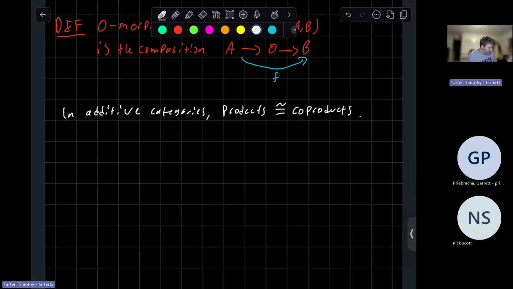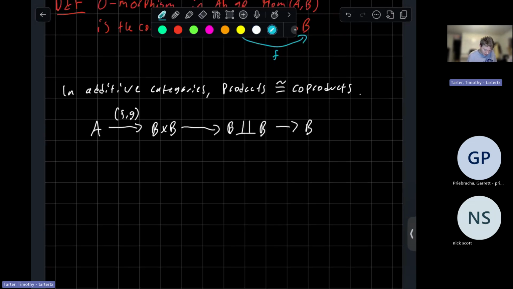This gives us a natural composition. Well, for some stretching of the word natural. Coproduct B to B. And then this is our isomorphism.